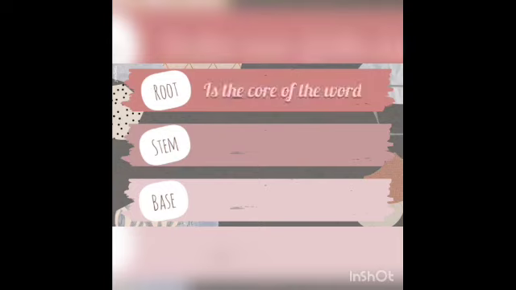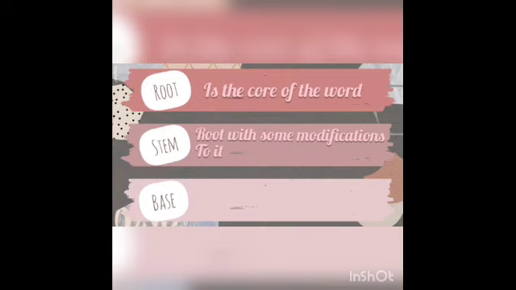Hello, now let's talk about root, stem, and base. What is root? What is stem? And what is base? Root is the core of the word. Jadi root adalah inti dari sebuah kata, asal dari sebuah kata. Dia tidak mengalami modifikasi apapun. Sedangkan stem is root with some modification to it. Jadi stem adalah root yang mendapatkan modifikasi di dalamnya.